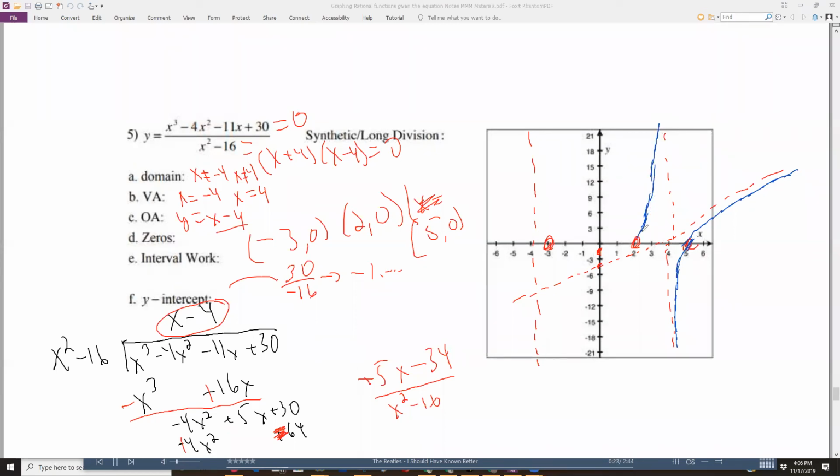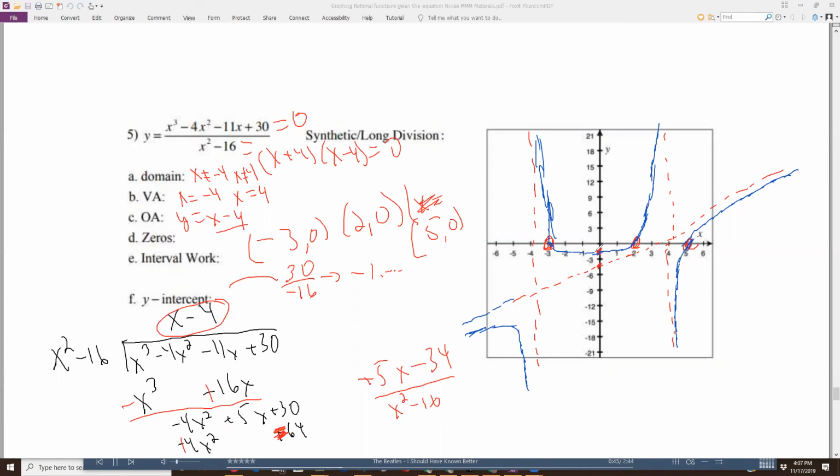It's going to cross the x-axis there, cross the y-axis there, cross the x-axis there, and it's going to head back up. And then we know it can't cross the x-axis anyplace else, so this part has to be down here. This looks very flat here, could be the scale. Go check it out, make sure I'm right.